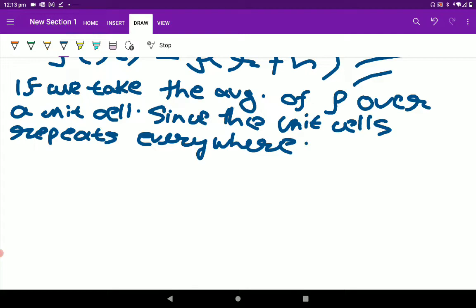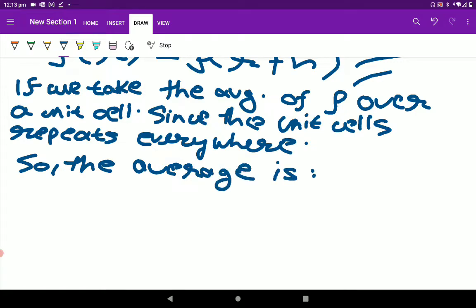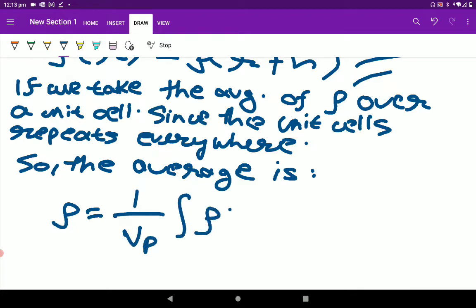So the average rho equals 1 by Vp times the integral of rho(r) dr.